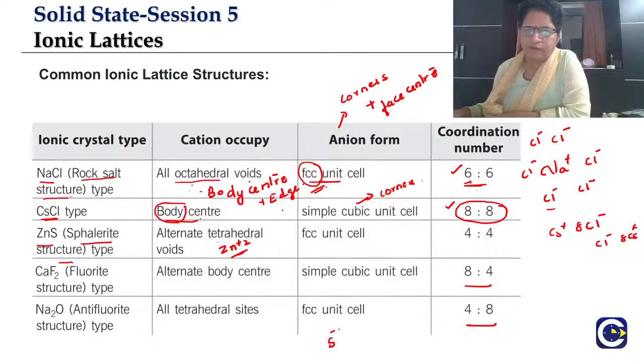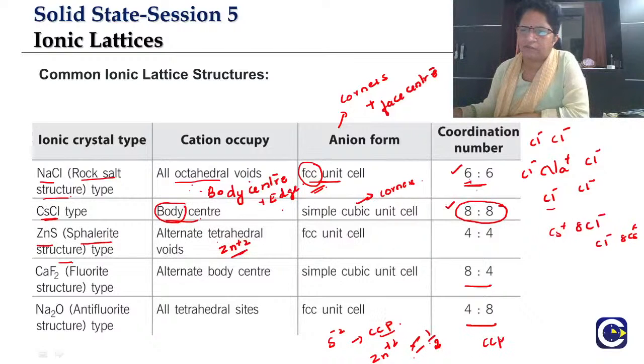If sulfide ions make up the complete closed structure and zinc ions occupy alternate, in the sense half of the tetrahedral voids, what should be the formula of the compound? The ratio of closed packed to tetrahedral voids is 1:2. But only half is occupied, so it will be 1.